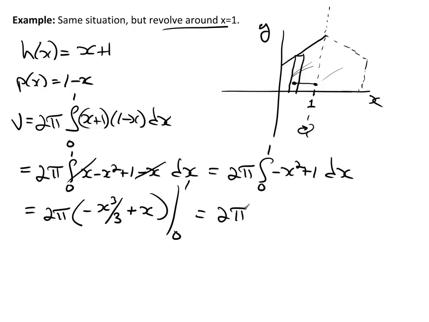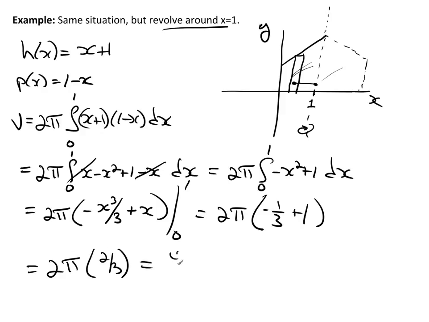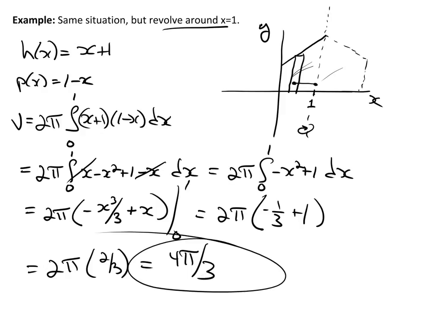So this is 2 pi times negative 1/3 plus 1 minus 0. So this is 2/3. This is 2 pi times 2/3, which is 4 pi over 3. Again, the units, we don't specify what we're working in, but it is cubic something.